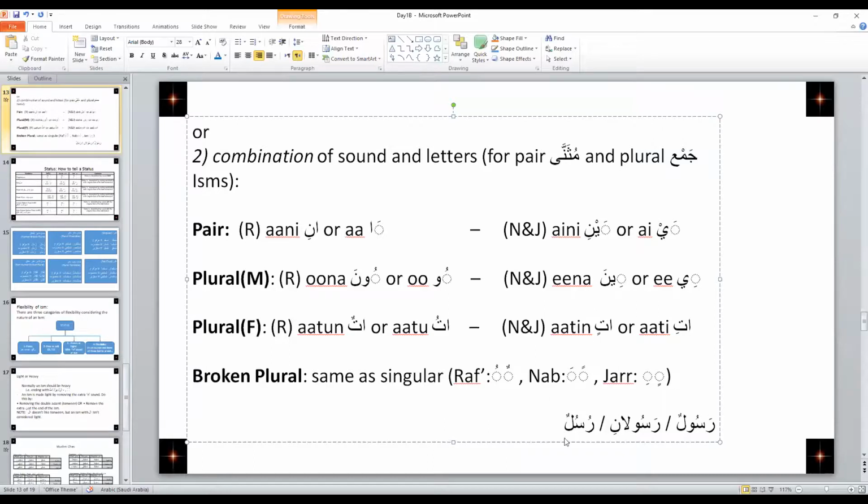So this plural word, doesn't it look more like singular, because it doesn't have the una and ina and atu like these ones? So we say that this is a broken plural.